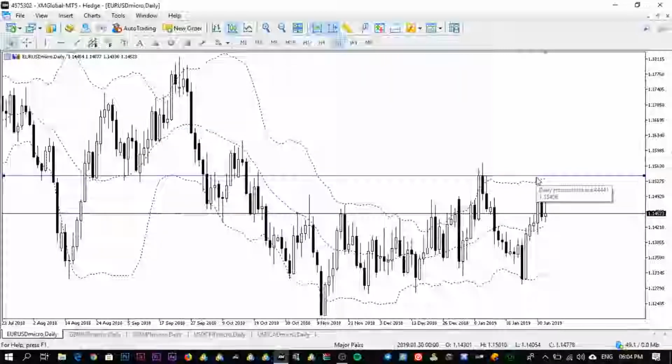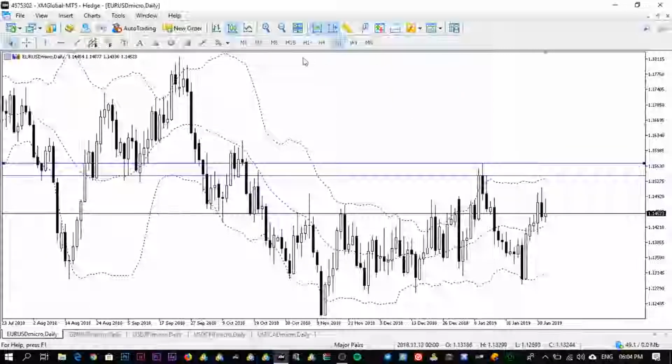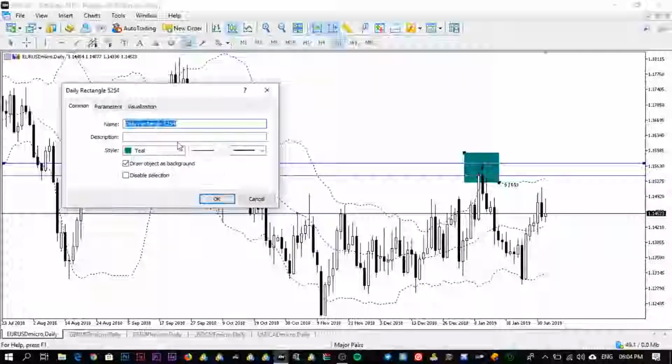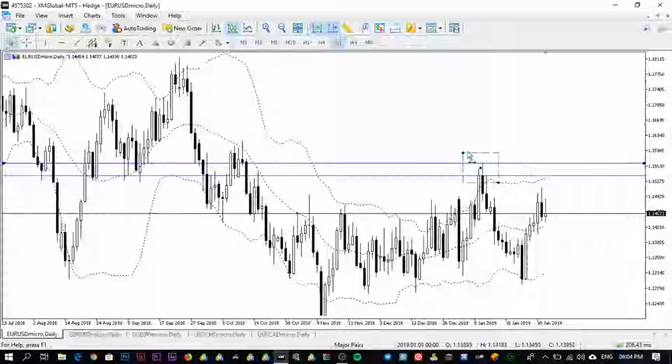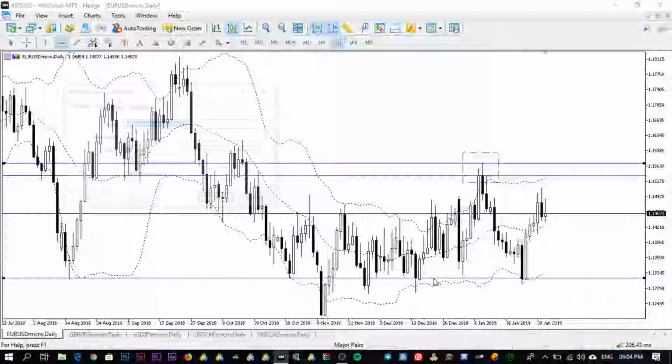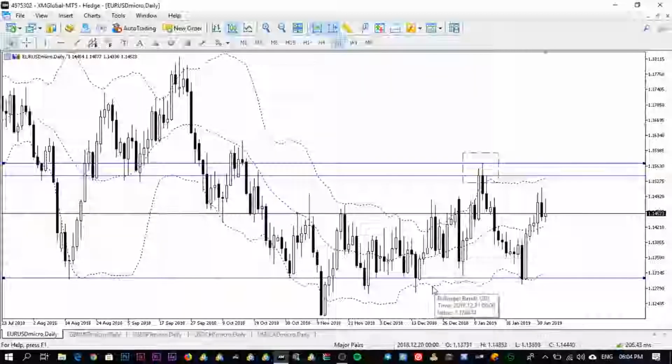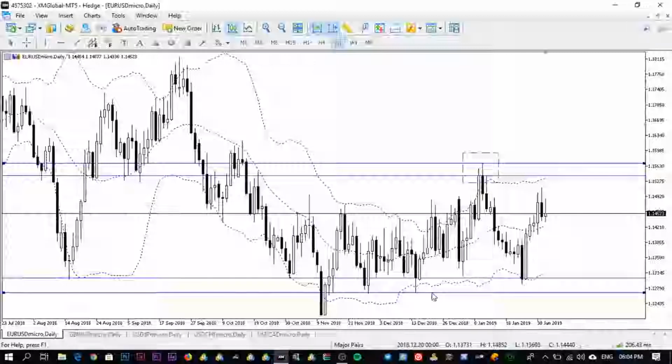So if you can check here, this is our first point of confirmed resistance. Let's just unfold that and use the dotted line. There we go. That's our first point of resistance and our first point of confirmed support.